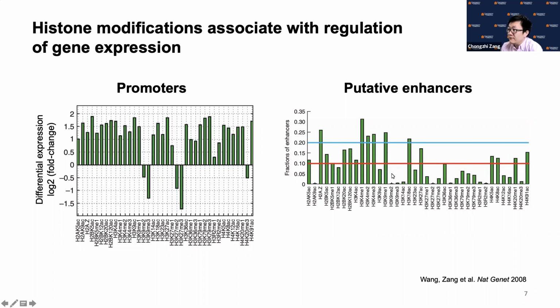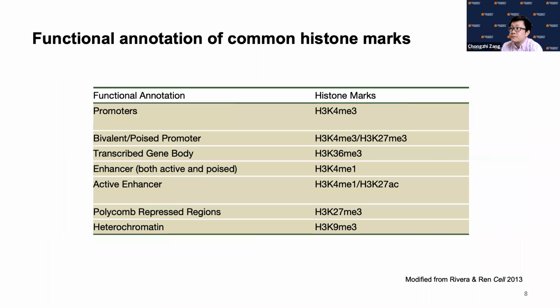As we can see, they have various levels of association, including H3K4 monomethylation and H3K27 acetylation, which we will mention later. They are mentioned to be important marks with enhancers. So histone modifications are associated with promoters and enhancers.